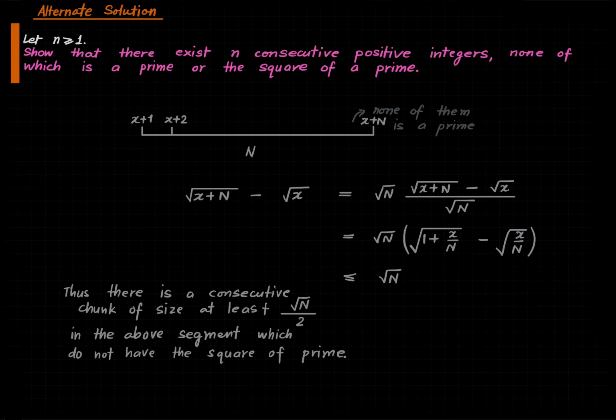All right. So if we choose capital N as a large number, suppose we could have chosen capital N as any number we wanted. If we just choose capital N as 4 times n squared, then we see that there is a chunk of size n here somewhere which does not feature any perfect square.